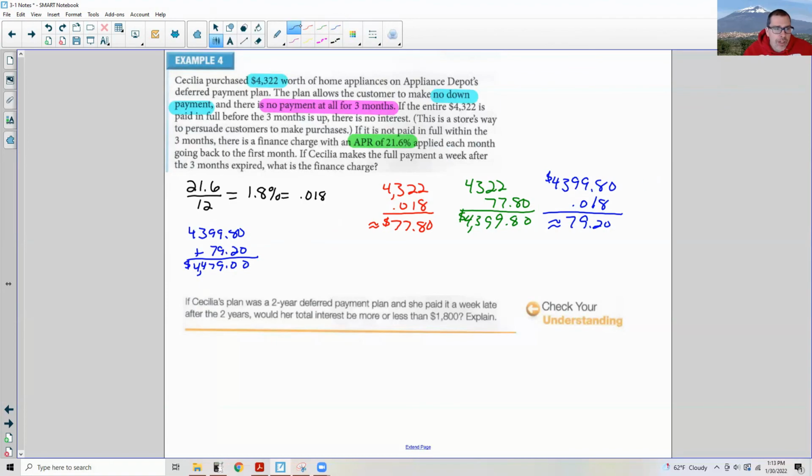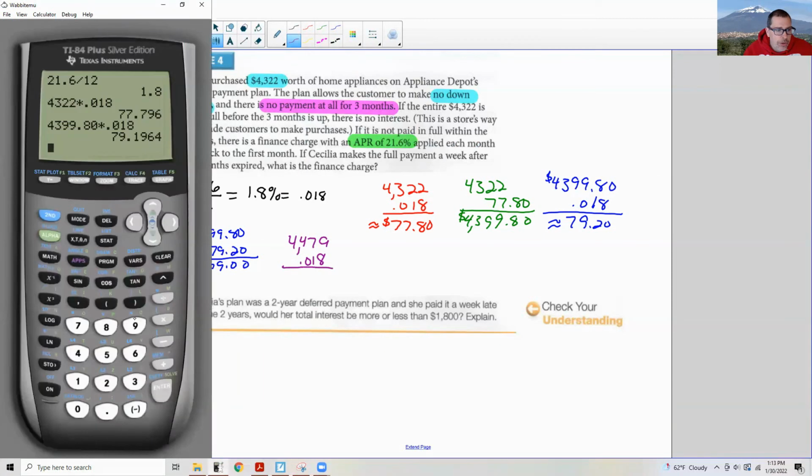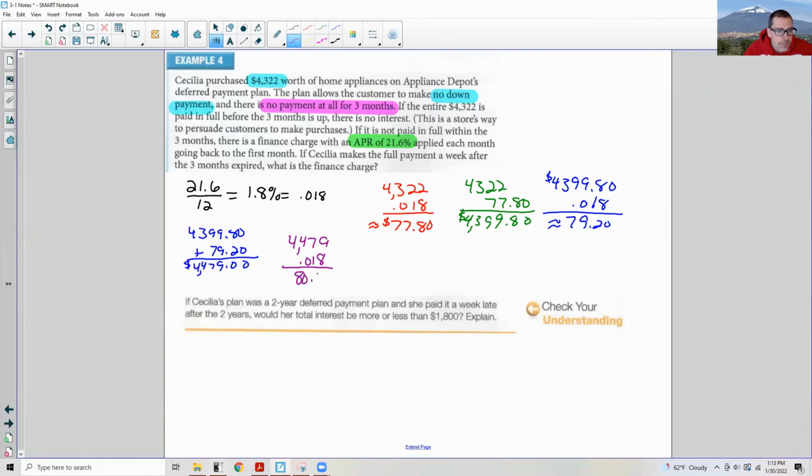One more time, we take that $4,479 and multiply it by 0.018 to get how much interest we paid on the third month. It comes out to be $80.62, approximately; I rounded down because the next digit was 0.2.